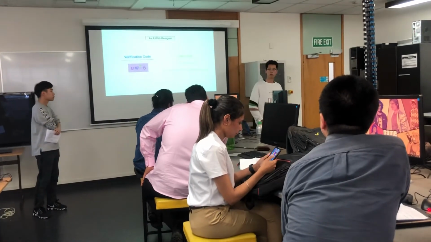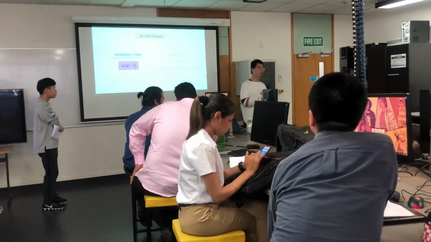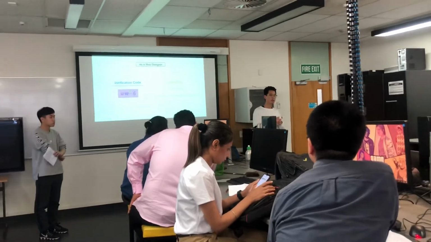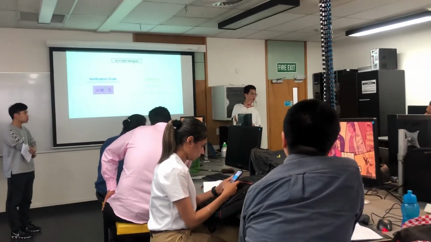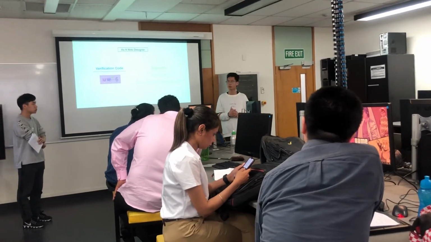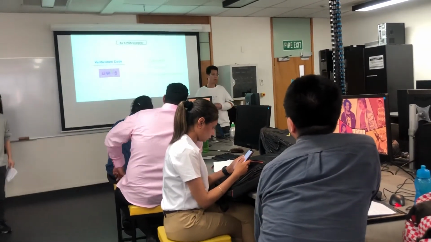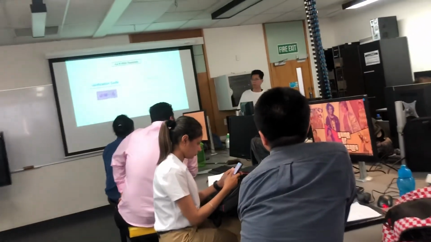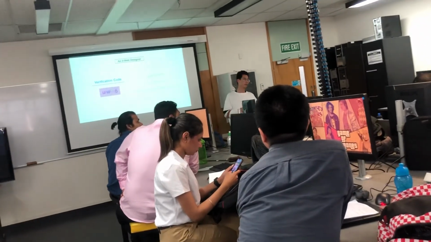Like the iPhone, if you try more than 5 times, you cannot access it. You should wait for 1 minute and try again. So this kind of way can reduce the risk of a Burp Suite attack.